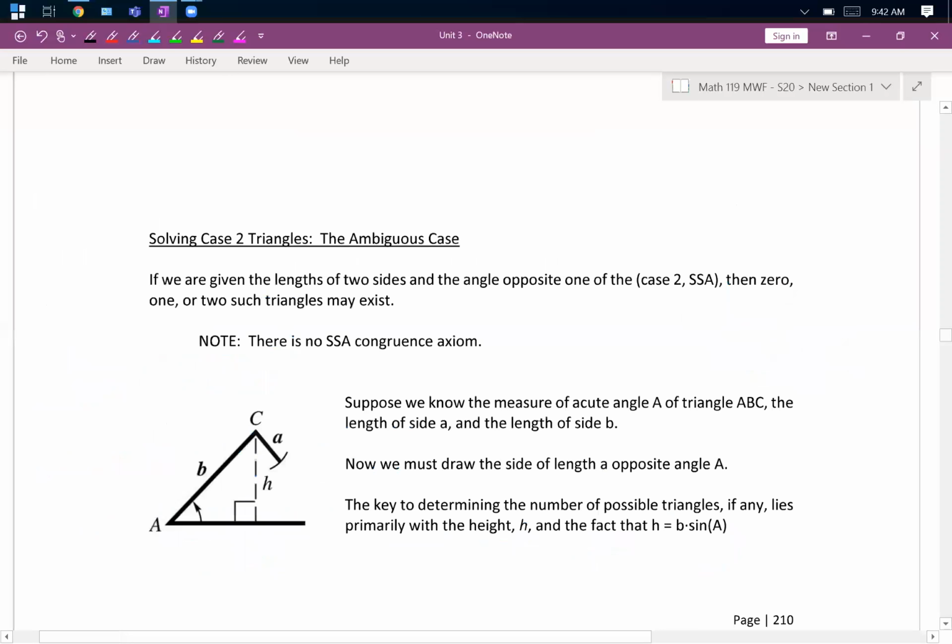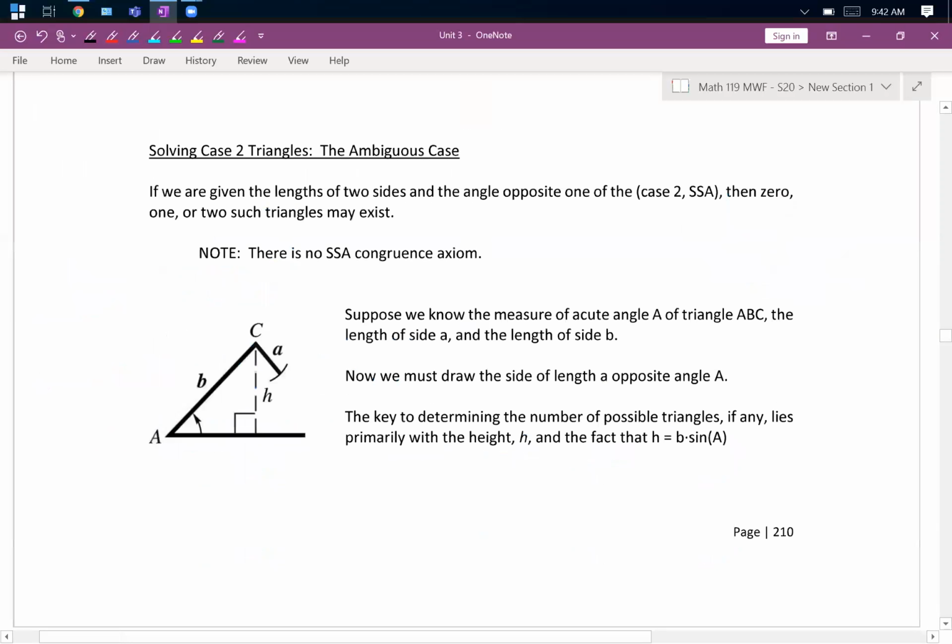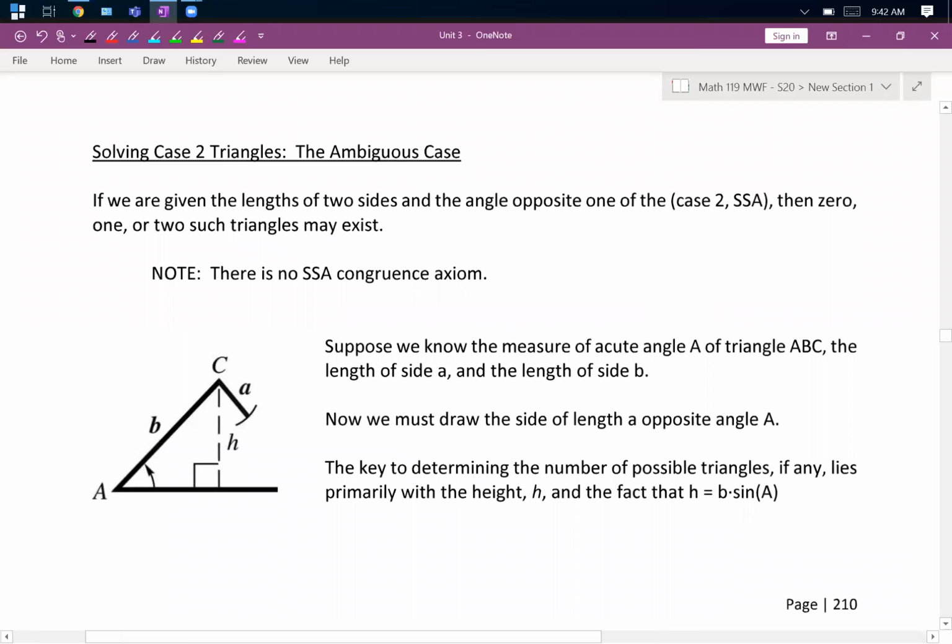All right, so now let's talk about our case 2 for triangles, which is going to result in the ambiguous case of the law of sines. If we're given the lengths of two sides and the angle opposite one of the sides, so this is our side-side-angle case, then 0, 1, or 2 such triangles may exist.